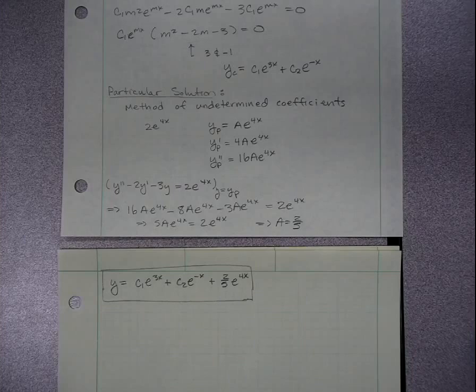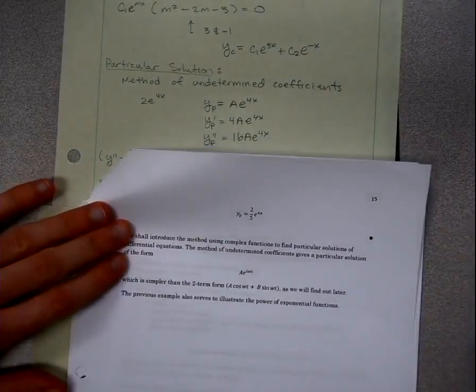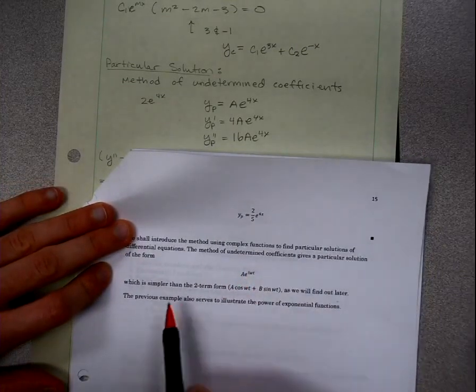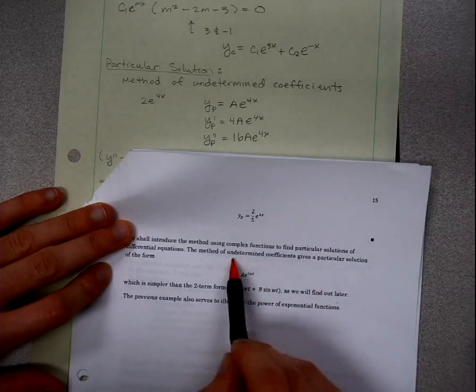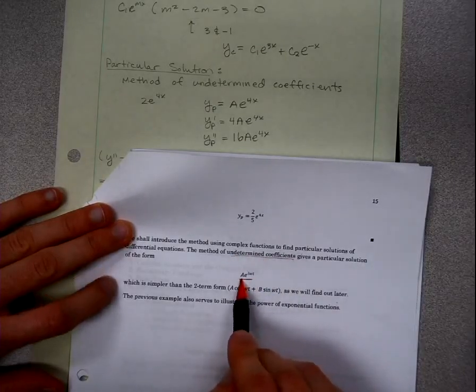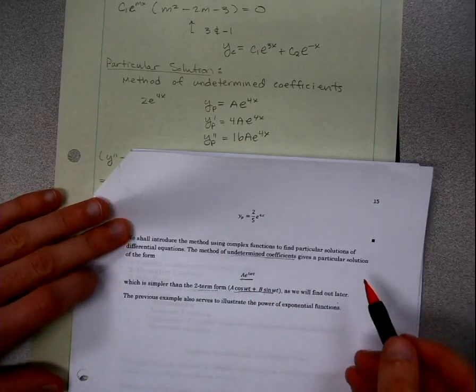Everyone got it? Okay, just one last thing. She said that the reason we were doing this is because using the method of undetermined coefficients, we got a particular solution of this form, which is simpler than the two-term form of sines and cosines.